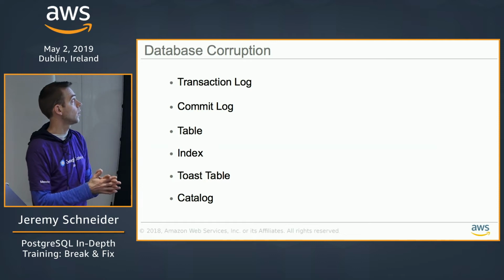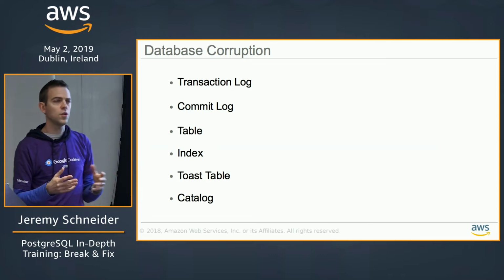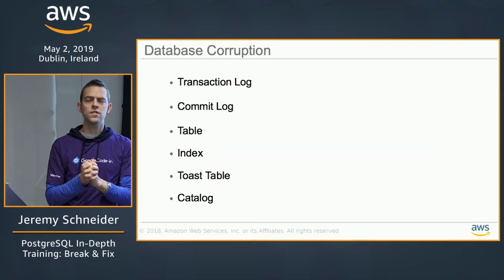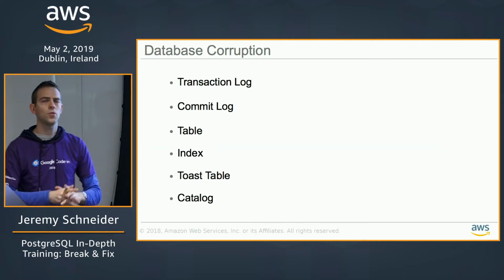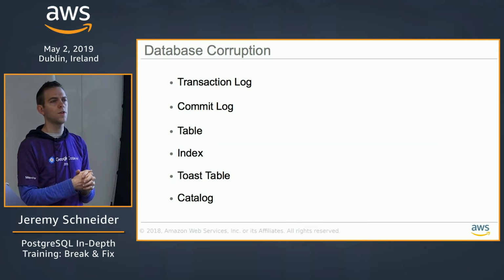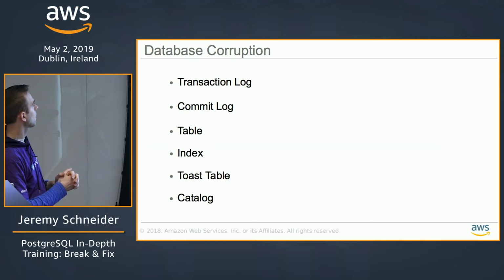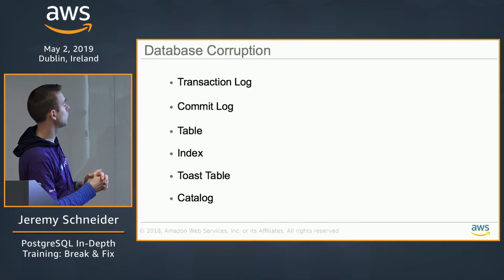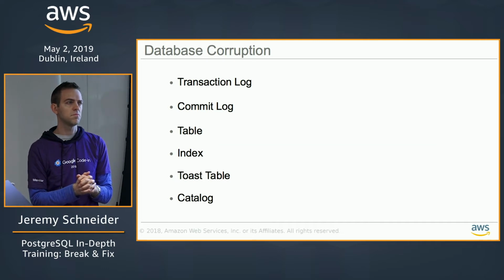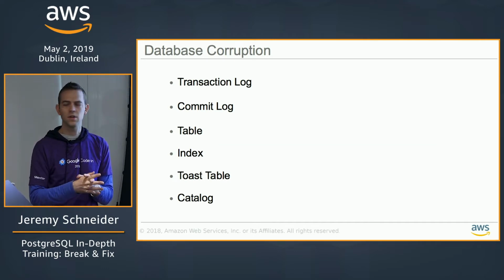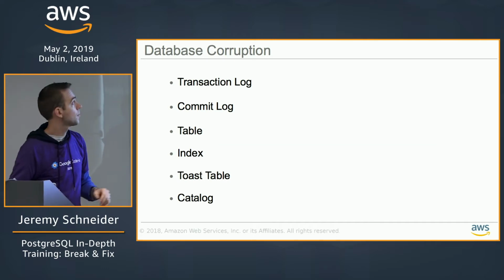The catalog as well. Really, anywhere in your database, and over the past couple of years working with RDS, I've seen almost all of these at some point in time. It does happen.